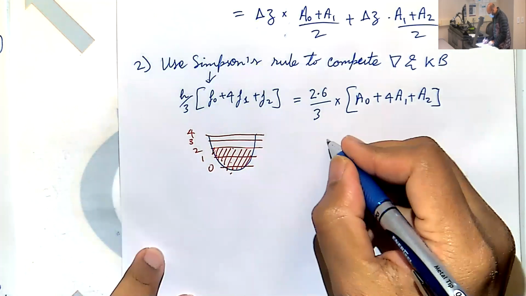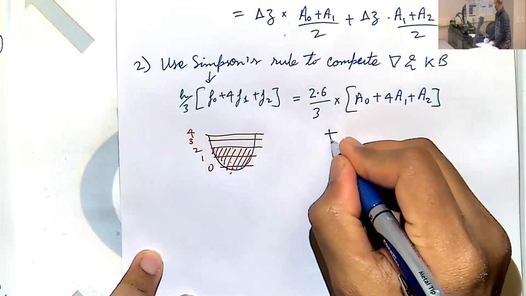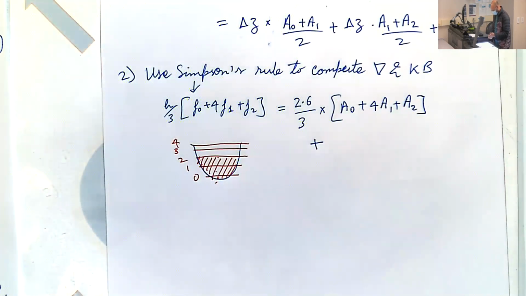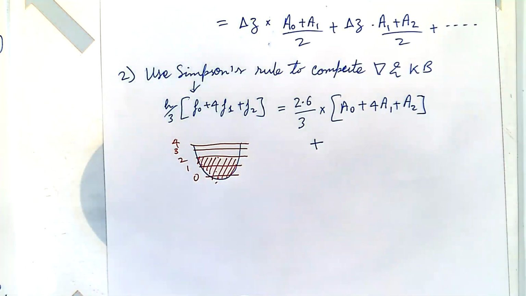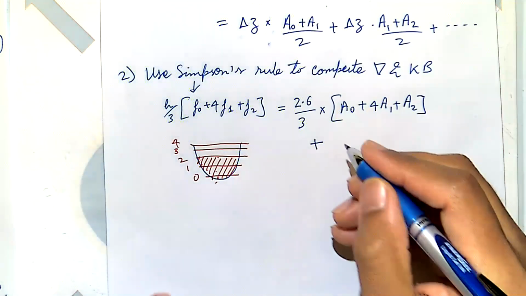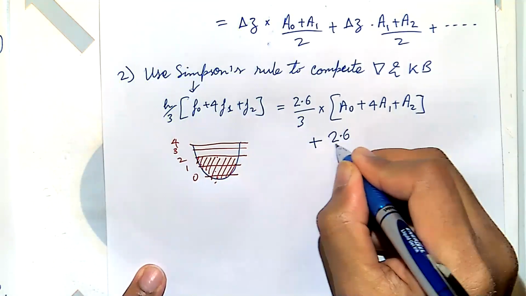Plus what? 2.6 over 3 plus A2 plus 4A3 plus A4.